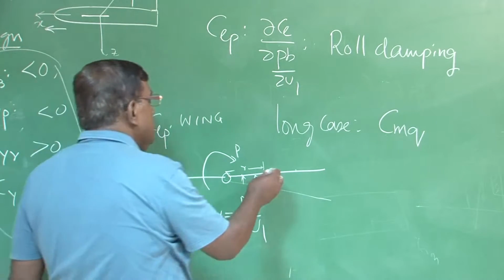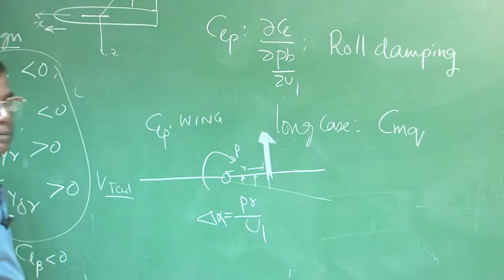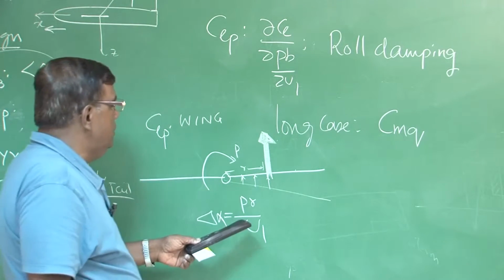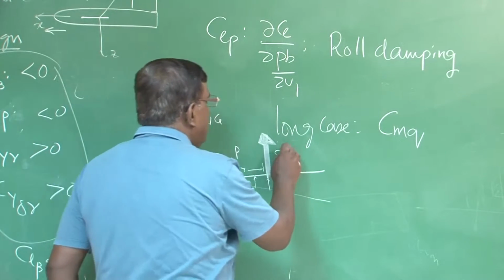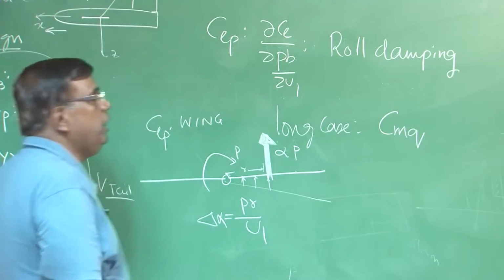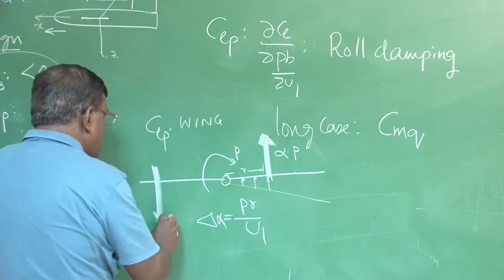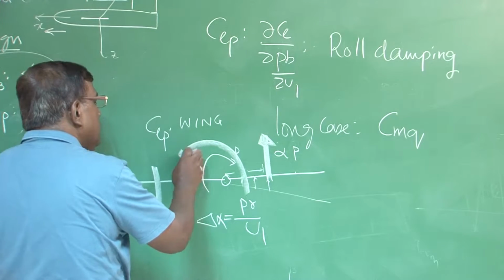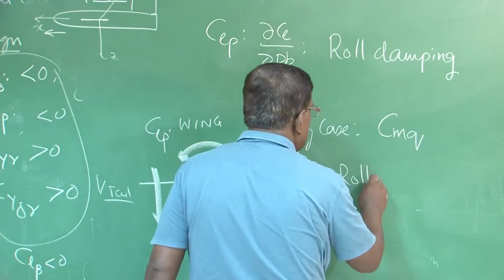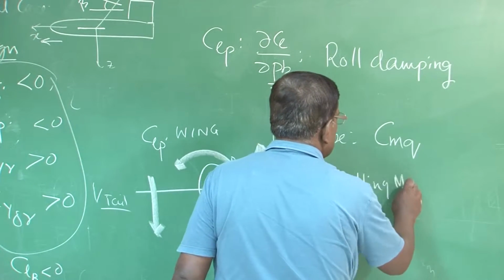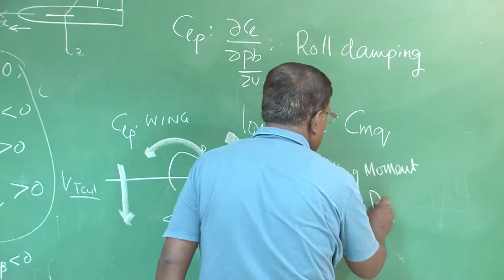So this will, in cumulative way, generate a force in this direction, which will be proportional to alpha, delta alpha here, which has P. So this will be proportional to P, roll rate. Similar thing will happen here in reverse direction, right? So this will in turn give a rolling moment, and which will be proportional to P. That's more important.